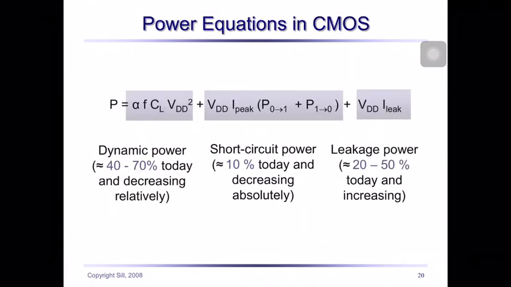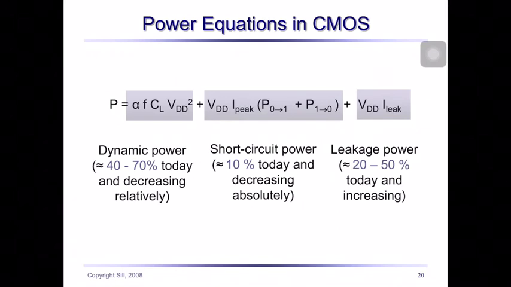So you can combine all these three equations for the dynamic power, short circuit power and leakage power, and this will form the total power that is consumed by a specific circuit. As you can see here, the dominating power is the dynamic power, and this comprises 40 to 70% of the total power.